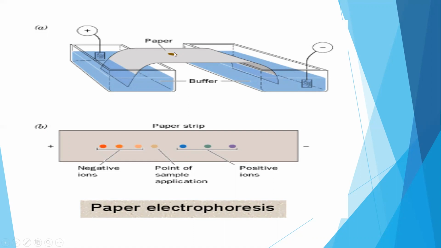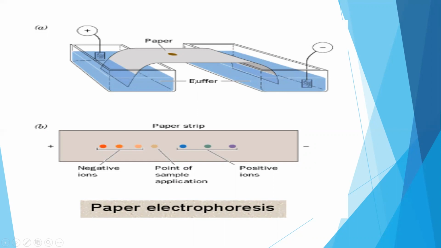This is the drop on the paper. We take two trays and pour the buffer solution, blue in color. This is the buffer solution.